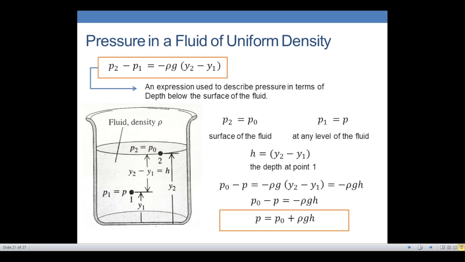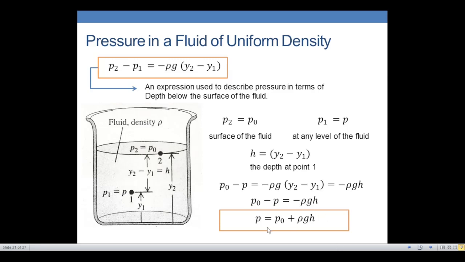Here, we consider the pressure that the atmosphere is exerting on the surface of the fluid, which is 1 atmosphere.